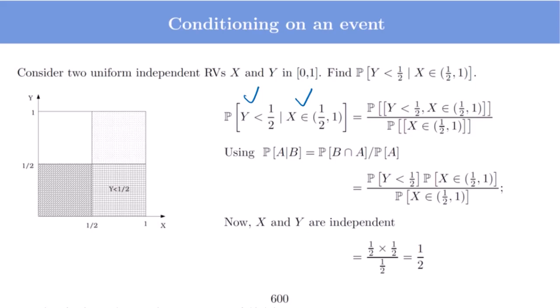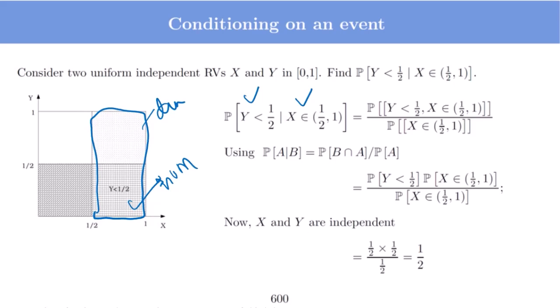So what is that area where Y is less than half and X is between half and 1? This will be this area. I need to compute the probability of this area as the numerator, and the denominator would be the probability of B. Probability of B means X is between half and 1, which is this whole area. This will be my denominator. So you have to basically see the relative probability.